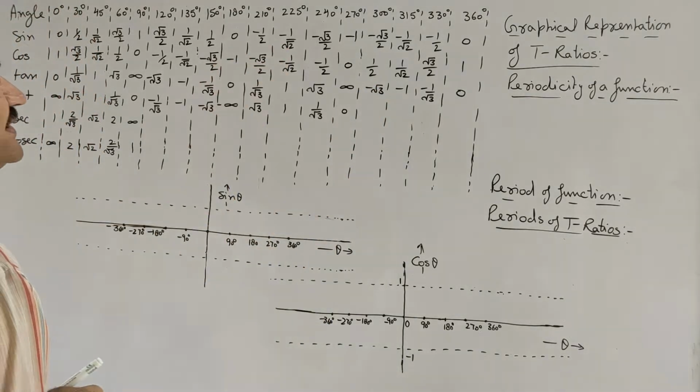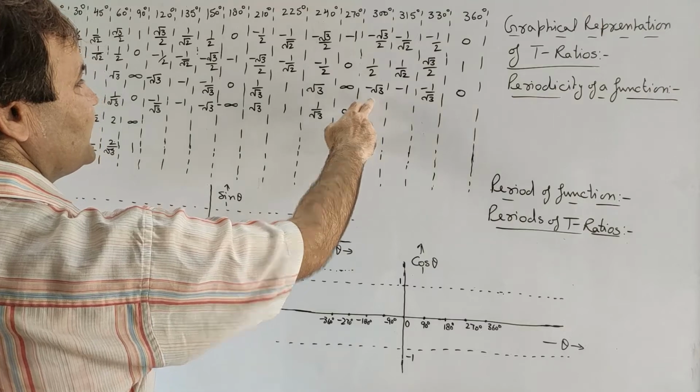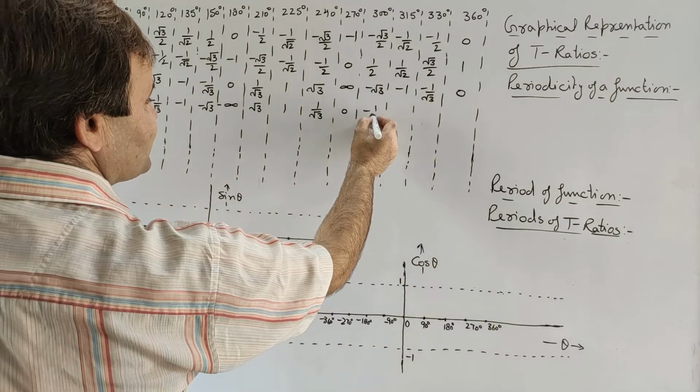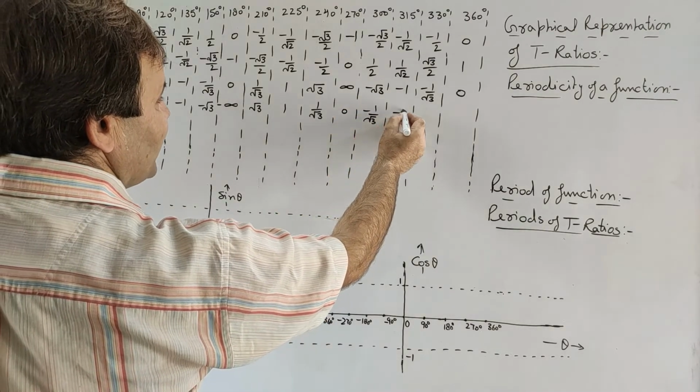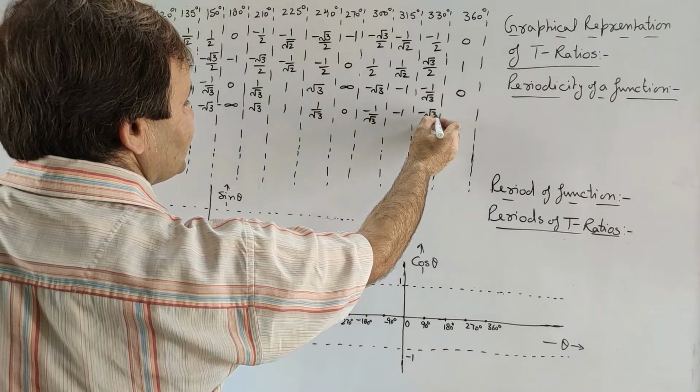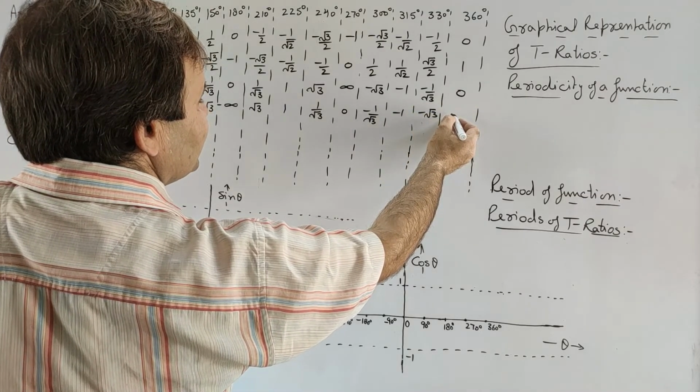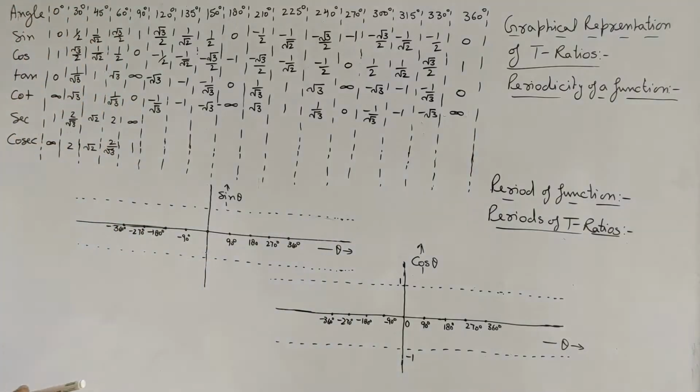Cot 300 degree will be reciprocal of tan 300 degree, so minus 1 by root 3, minus 1, minus root 3, and then it will be infinite.